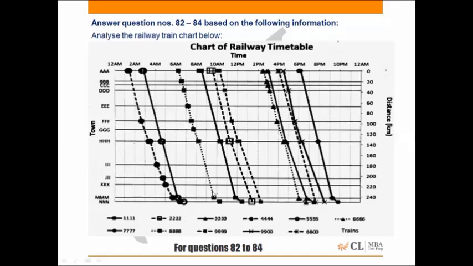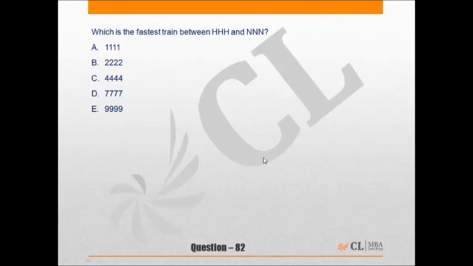These are the stations where 4A does not stop. Similarly, we can check for other trains at what stations they stop and at what they don't. So that's all about the diagram. Now coming to the questions. In the first question, it is asking which is the fastest train between triple S and triple N.